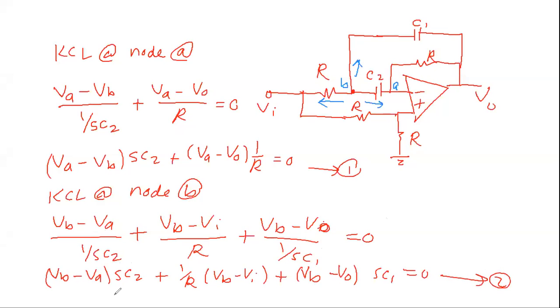And this is equation number 2. And you do the same thing for node C. So this is C. So how about node C? I'll delete this one here and delete this.